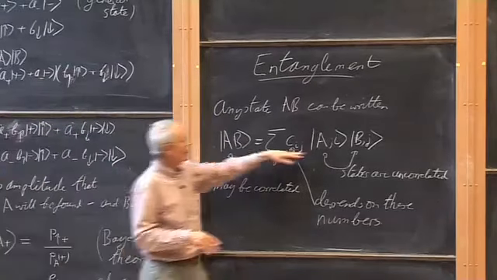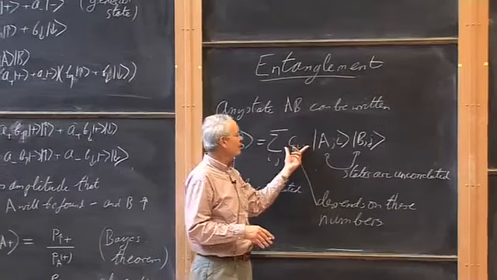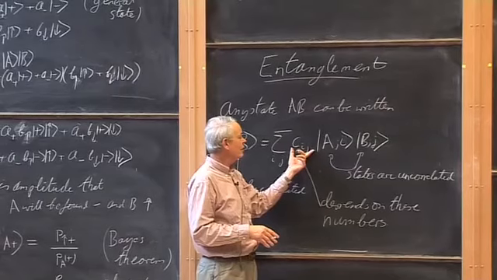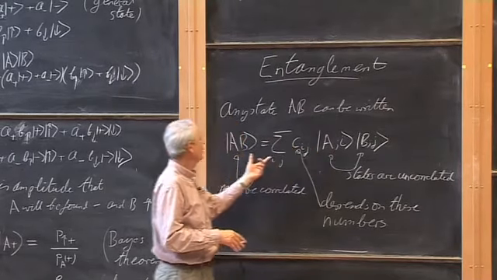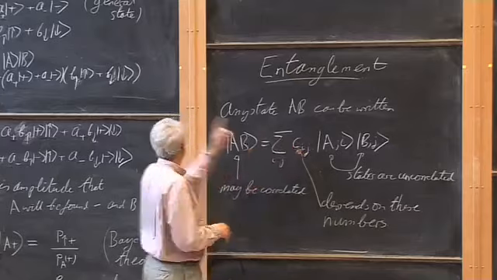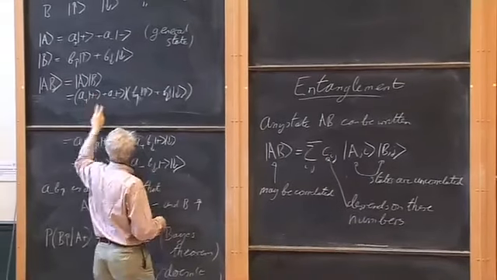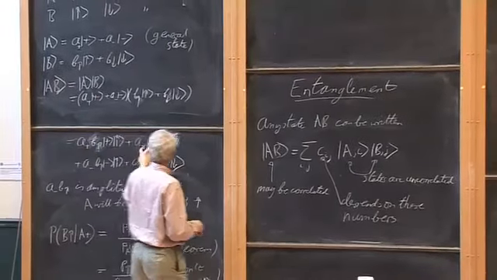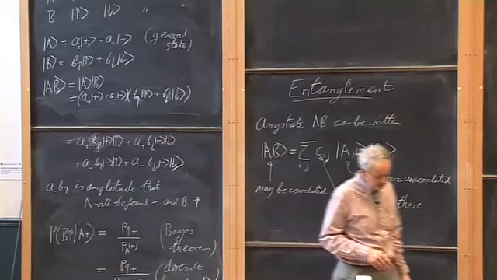It has to be written in this form, and these numbers do not have the property that would enable them to be expressed as products of individual amplitudes for the individual systems.